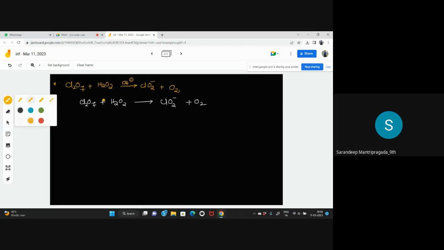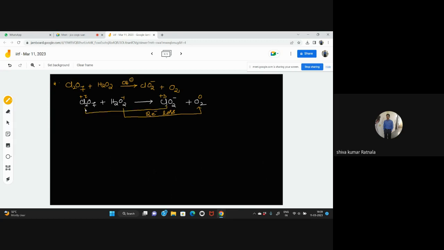So here chlorine is plus 7, right? Here it is plus 3 only. So O2 is 0. How many electrons? -1 to 0 means 1, but there are 2 oxygen atoms. And here 4 electrons lost.